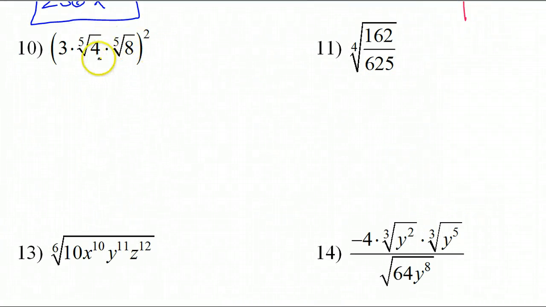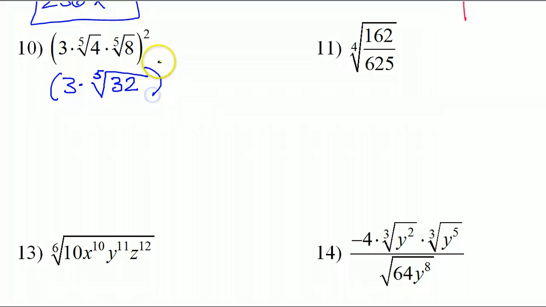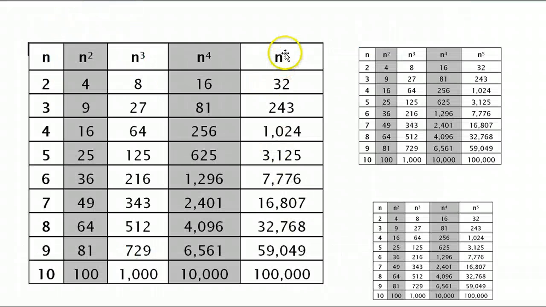Number 10, let's take a look at this. Now these roots are the same, so that means I can go ahead and multiply 4 times 8. So I have the 5th root of 32. That sounds familiar. Let's take a closer look at the 5th root of 32 on the chart. 32 is a perfect 5th power, and the 5th root of 32 is 2.